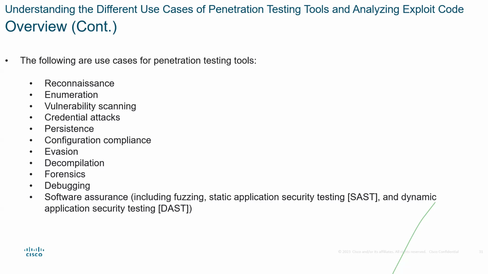If you're doing enumeration, which is listing the potential things that exist there, maybe the weaknesses that are listed there, what tool? What's your approach for vulnerability scanning, credential attacks, persistence attacks, configuration compliance, evasion, decompilation, forensics, debugging, and all of those things? These are different steps or different scenarios.